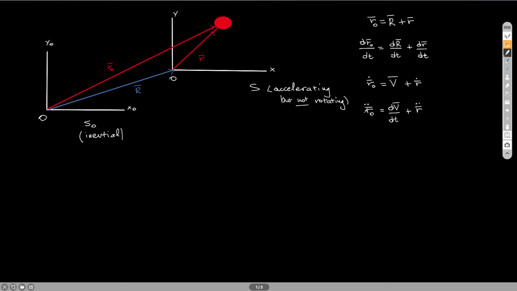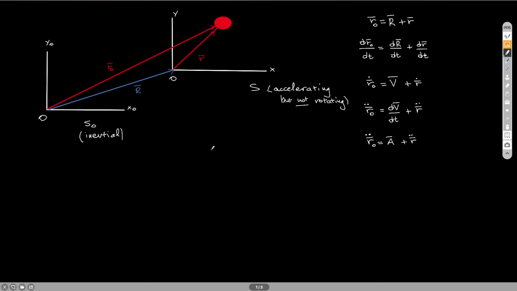So the first term here on the left is the acceleration of the object with respect to the inertial frame of reference. dV over dt is the acceleration of the accelerating frame of reference with respect to the inertial frame of reference, and the r double dot is the acceleration of the object with respect to the accelerating frame of reference. I can use also uppercase A for the acceleration of the accelerating frame of reference.